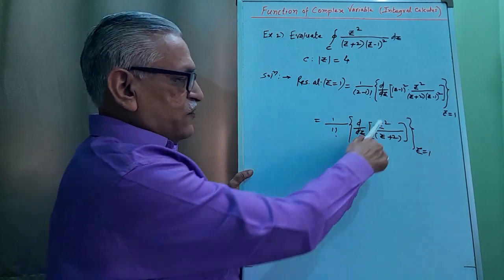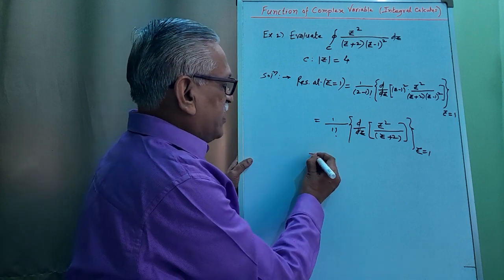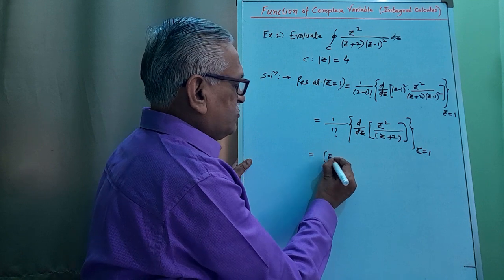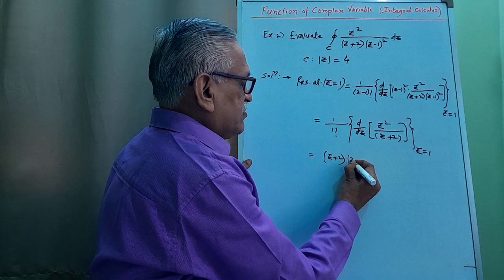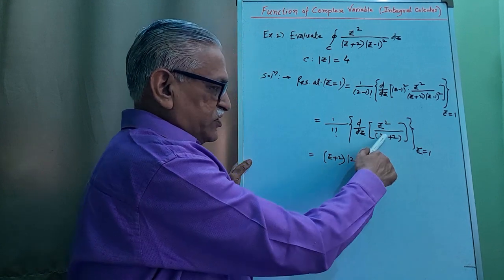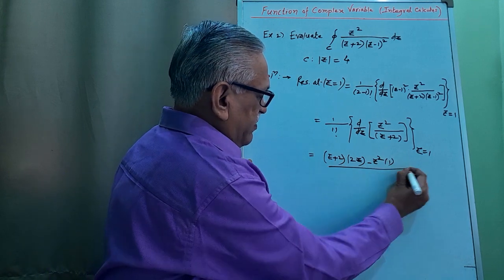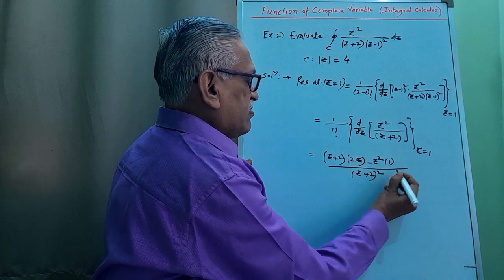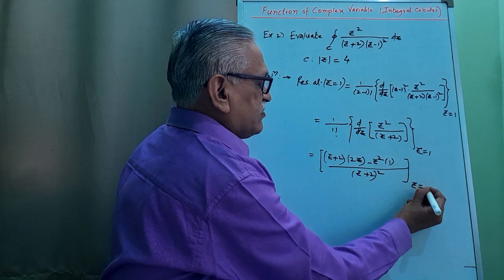And then differentiating it by the quotient rule, u by v rule, we get that value as, v is here z plus 2, derivative of z square is 2z, minus z square, differentiation of z plus 2 is 1, whole divided by v square, that is (z plus 2) whole square, and its value at z is equals to 1.